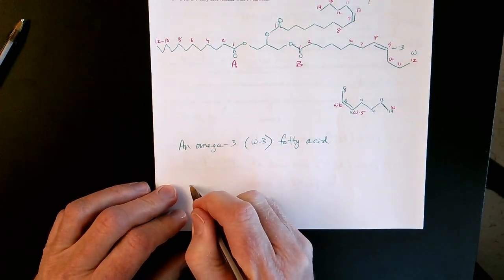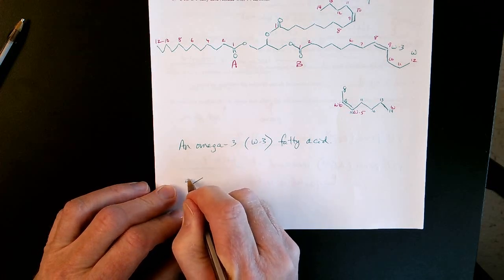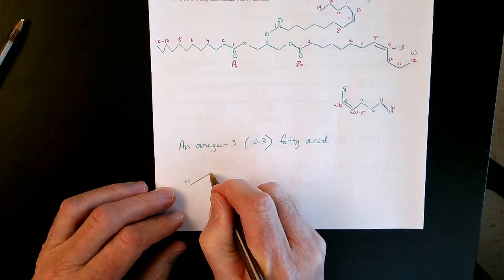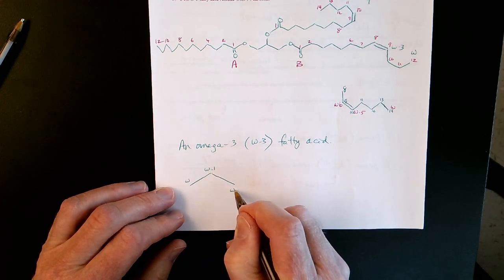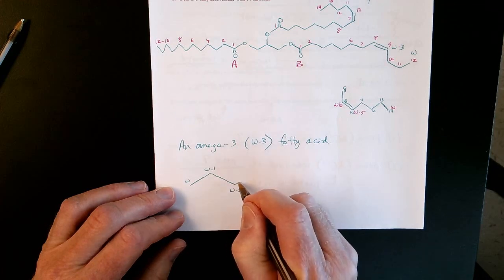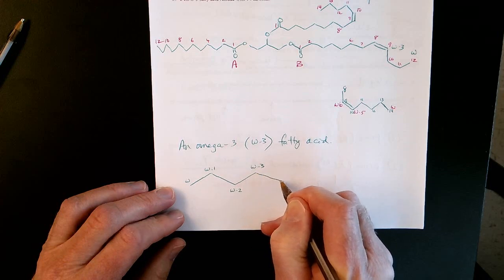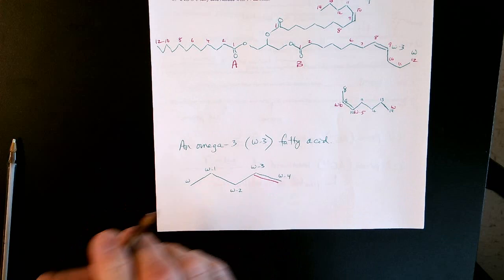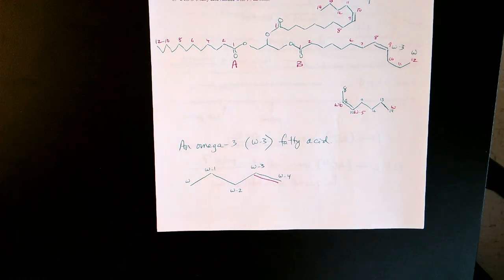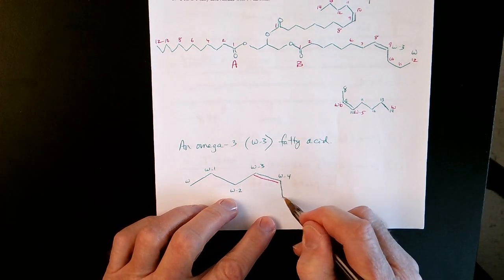So you go 1 and 2, there's omega 1, here's omega 2, here's omega 3, here's omega 4. That's where your double bond starts, right there. So it will, by definition, go from omega 3 to omega 4. And then you've got the rest of the molecule.